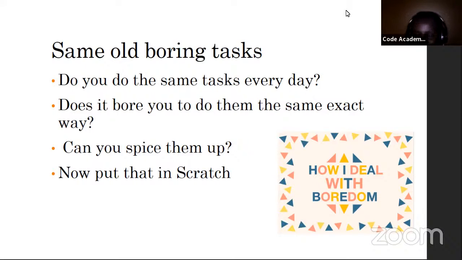Then I go to bed, then again I wake up, have breakfast, online class up to 1. Do you feel like you're doing that over and over again and it's really boring you a lot?